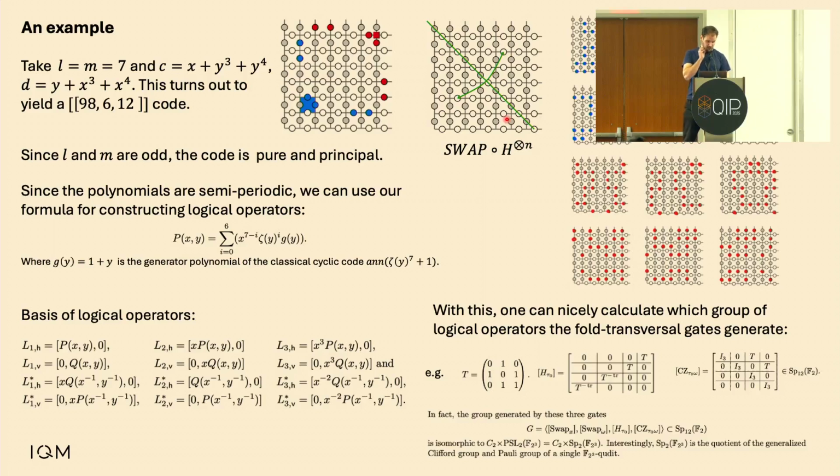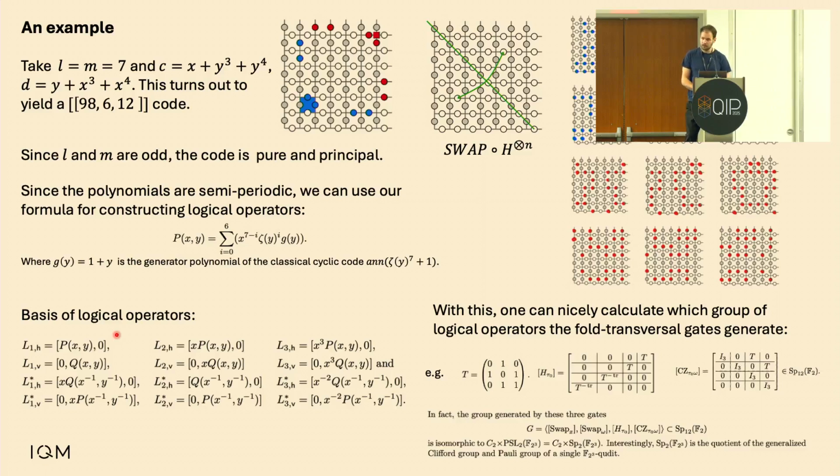I think a code is either pure or it's not. Maybe you could ask how large the space of pure logical operators is compared to all logical operators. But no, I have not thought about this at all. All right, thank you.